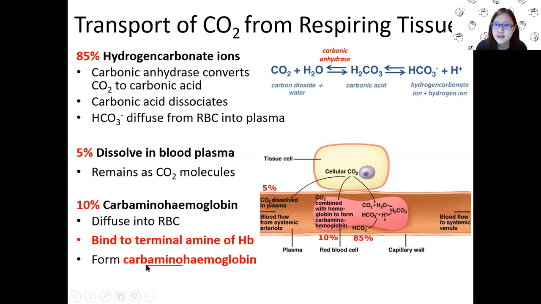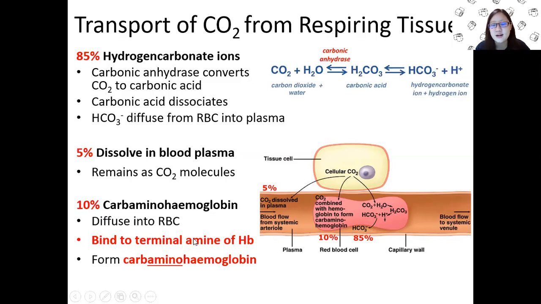Carb as in carbon dioxide, amino as in the amino terminal, and hemoglobin. Carba-amino hemoglobin. 85% is hydrogen carbonate ions, 5% dissolves in blood plasma, and 10% of the time carba-amino hemoglobin. Insane. So this happens at the respiring tissues, right?